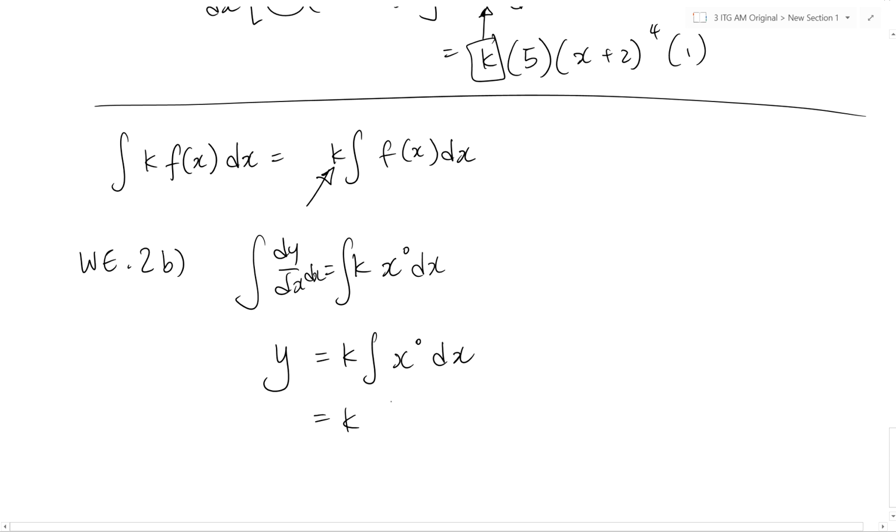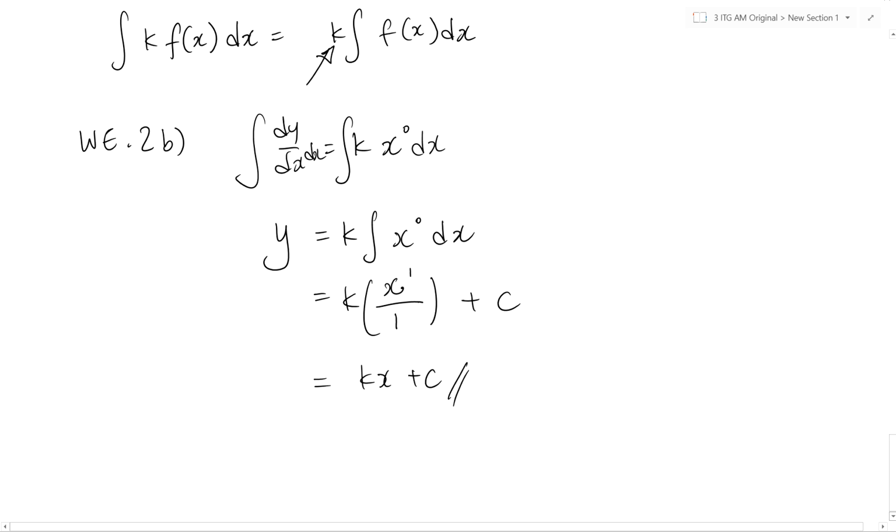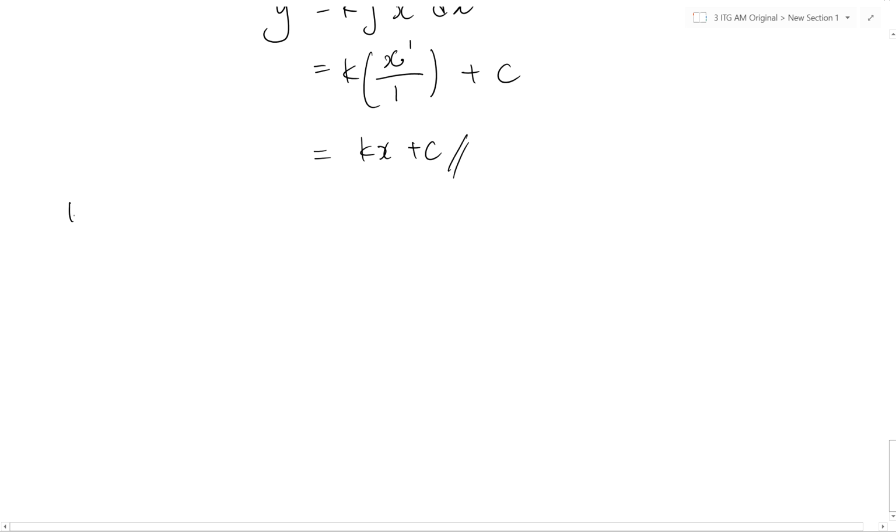So k remains as it is, x to the power of 1 divided by 1, which we actually don't even need to write in future, and this results in kx + c. So you may pause the video now and try Practice Now 2.